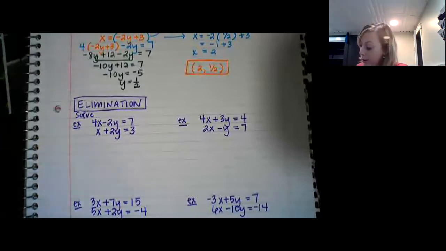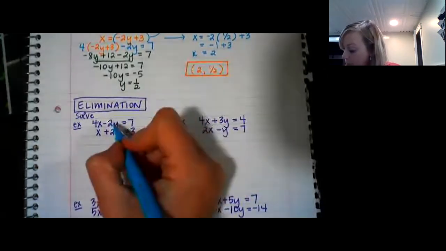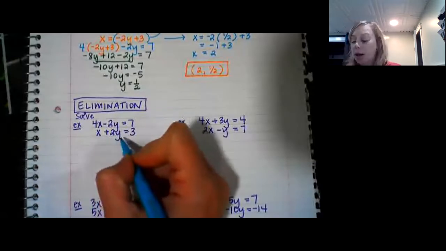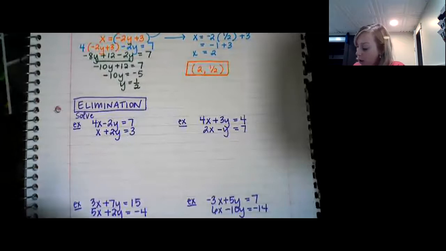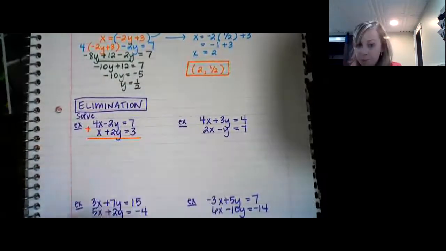If you take a look, we do have opposites with the y's. In the first equation, I have a negative 2y, and then in the second equation, I have a positive 2y. So when I have opposites, what I can do is add my equations together.